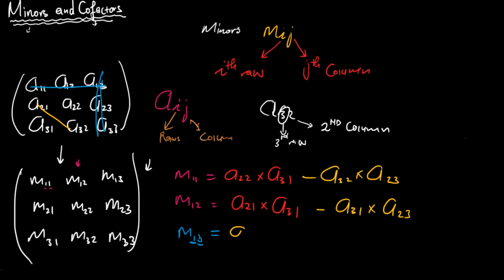We have A21 multiplied by A32, and then we subtract this product, A31 multiplied by A22. So that is how you find it.